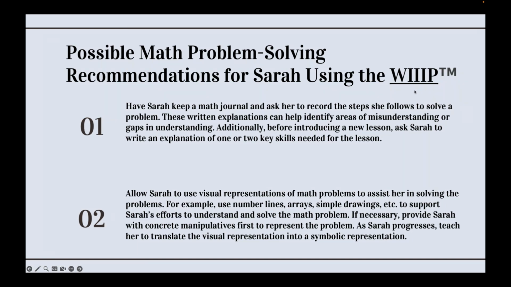And the WIP stands for the WJ4 Interpretation and Instructional Interventions Program. And that is an add-on that can be used with Riverside Score that provides more comprehensive reporting. It provides interpretive information regarding your students' data, and it also includes recommendations that are evidence-based.